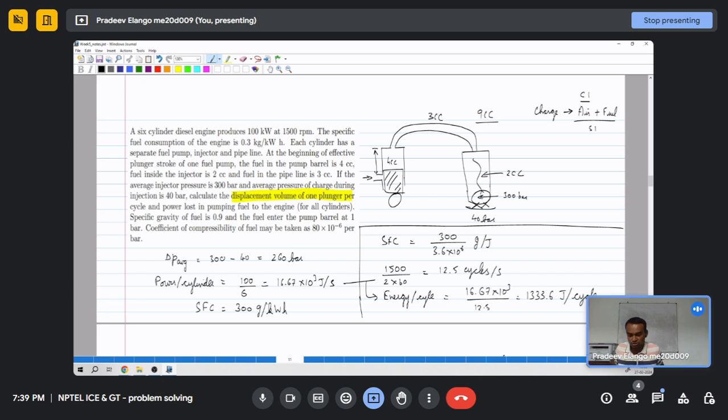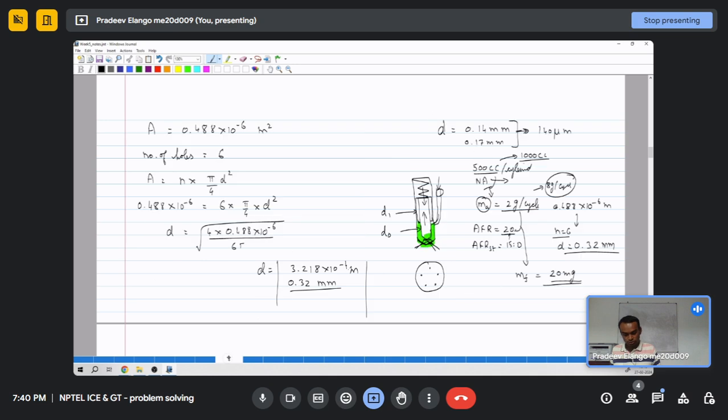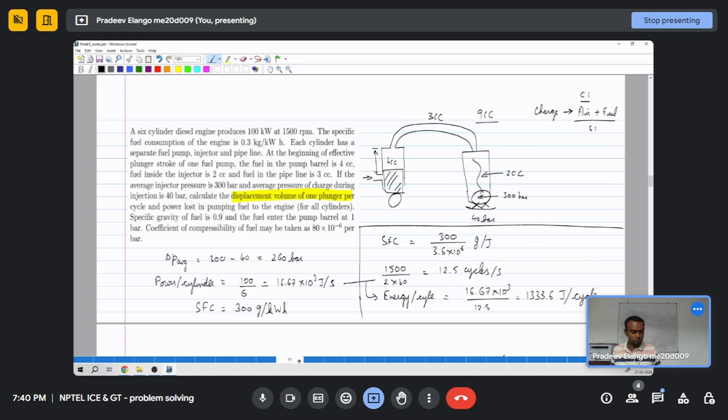Specific fuel consumption. Sorry, 10 power 6. We calculated earlier, no? So we have some gram per kilowatt hour. So I want to calculate the kilowatt hour, convert the kilowatt hour to joules.